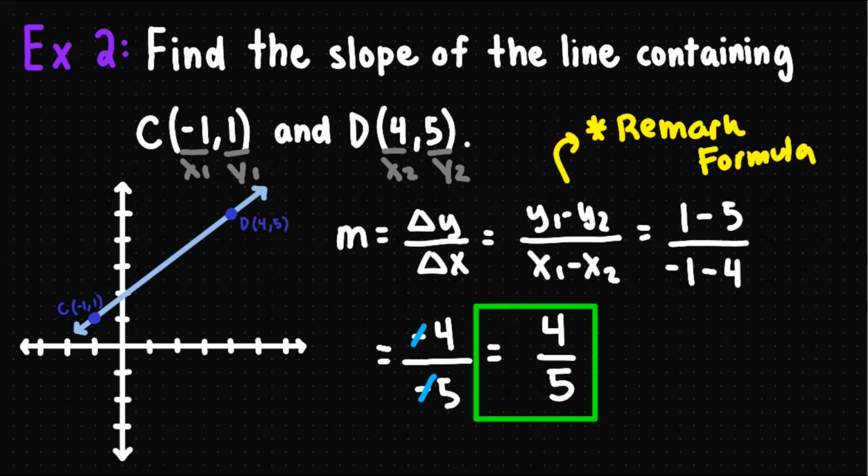So again, what this means is that, right here, there's a note. 4 over 5 changes in y. Let's just use this symbol. 4 over 5 changes in y is equal to 1 change in x.